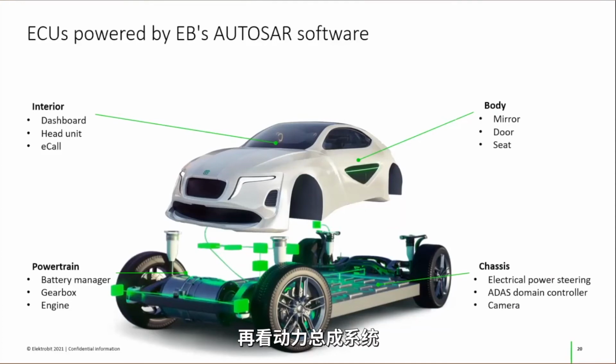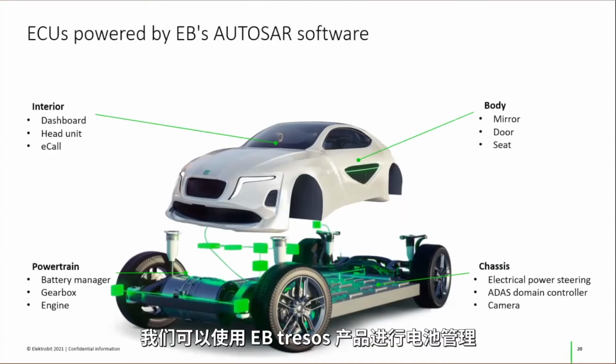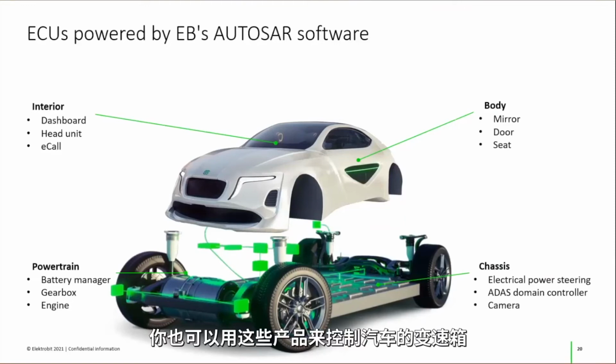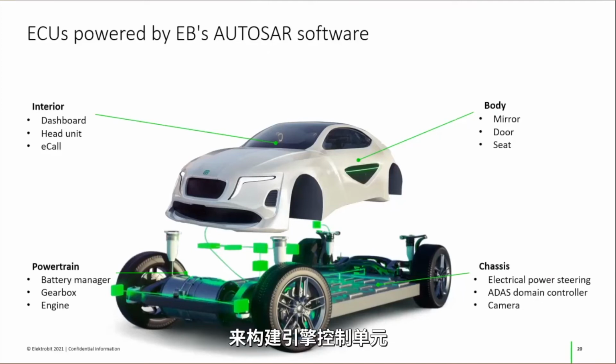We can switch over to the powertrain. There we see use of EB tresos products for battery management, or you can, for example, also control the gearbox of the car. And it's even possible to build engine control units with EB tresos products.